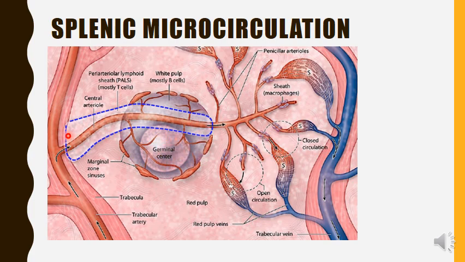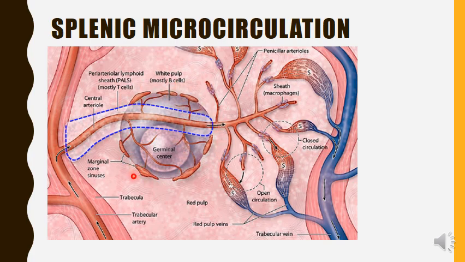So each central arteriole is invested by this periarteriolar lymphoid sheath. Here this is the sheath, and this passes to the lymphatic nodules. And in some places, the lymphocytes are aggregated to form small spherical or ovoid masses. These are called lymphatic nodules, as you all know. And these are called white pulp.